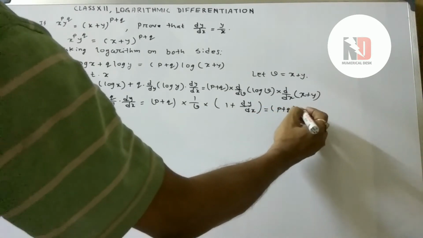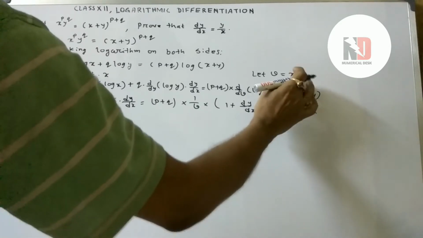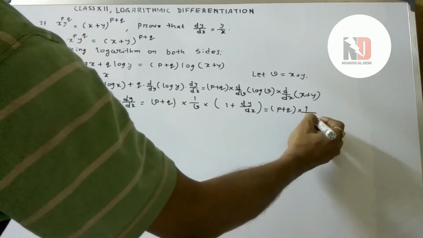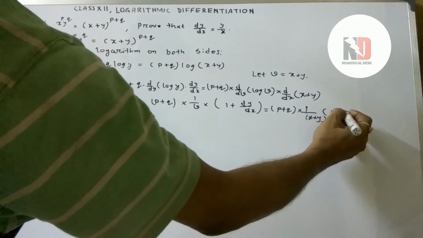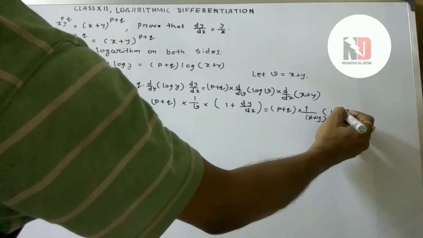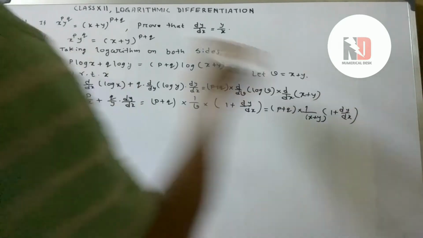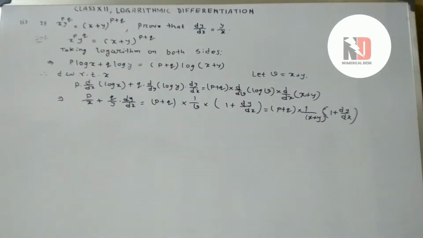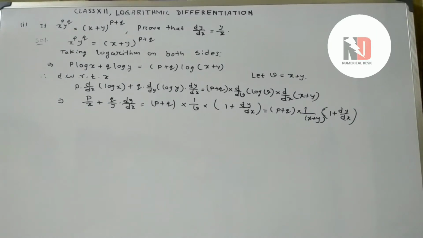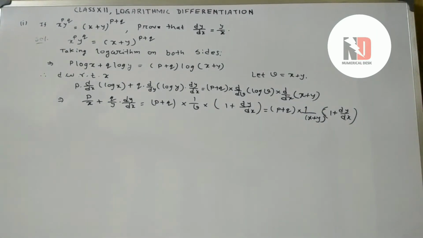This is equal to p plus q, putting the value of v, 1 by x plus y, into 1 plus dy by dx. Now we have to arrange, multiply p plus q by x plus y.